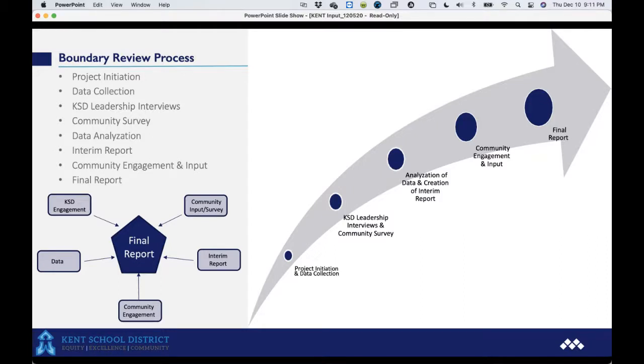So all of those pieces, as you can see in the graphic on the left, are incorporated to make that final report and recommendation.